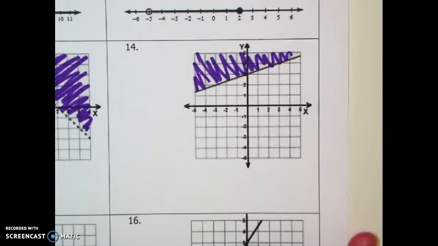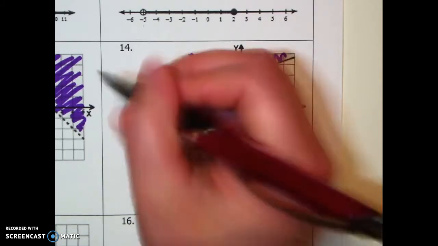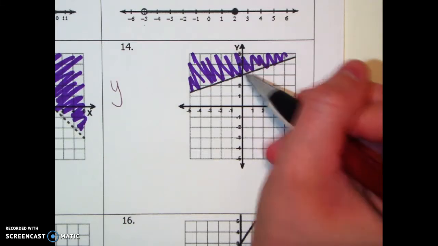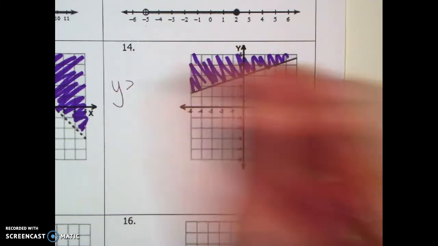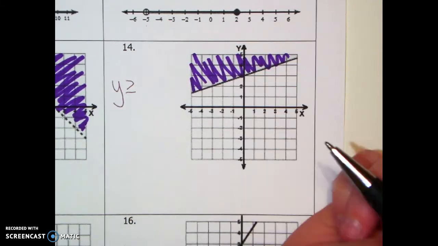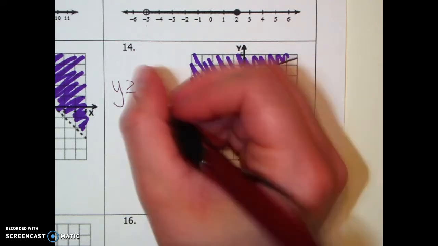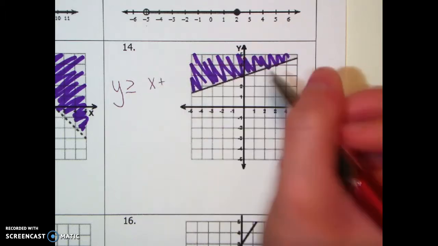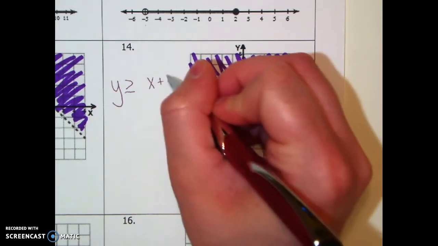Let's look at another one. Number 14. So start with your y. And it's greater than, because it's above the line. And it's a solid line, so you need that. Leave a space for your slope, put an x, and then the y-intercept is 3.